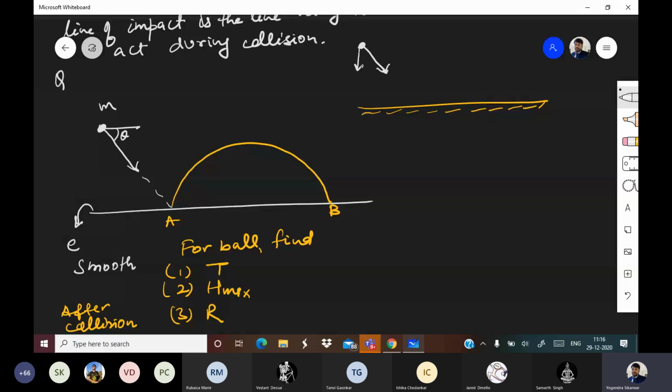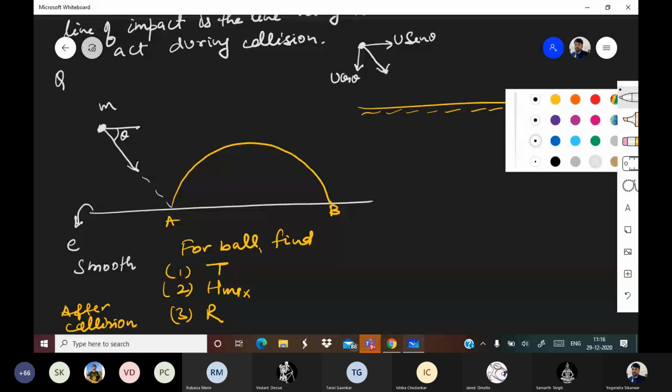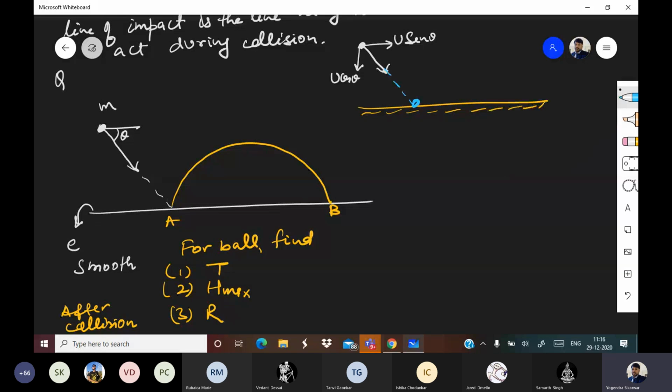The velocity in the last question was u cos theta, and this was u sin theta. Now, when the ball collided with the ground, nobody can change u sin theta, so it will remain u sin theta. But Vy became 0. Why? Because E is 0.